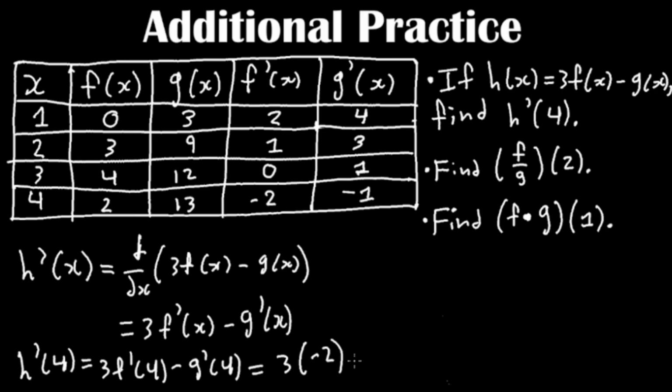So 3 times negative 2 minus, and then g prime of 4 is negative 1. So minus negative 1, that's a positive 1. So this becomes plus 1. So this is negative 6 plus 1, that's negative 5. So h prime of 4 is negative 5.